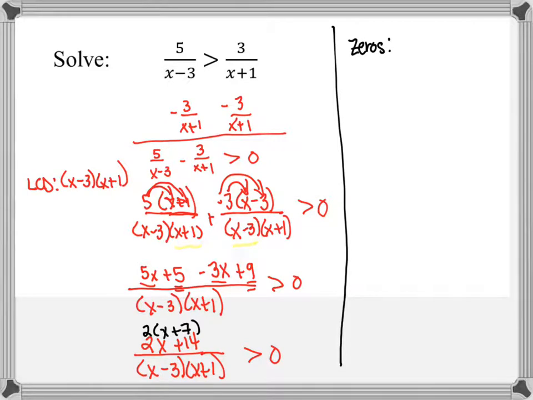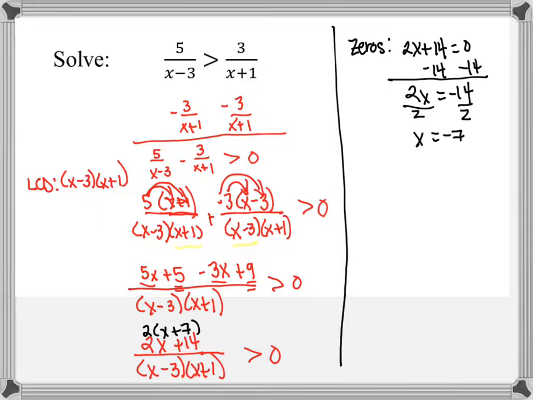I can either set the factored one or the original one. So here I'll just put 2x plus 14, but I could have done 2 times the quantity x plus 7 as well. I'm going to subtract 14 from both sides. 2x equals negative 14. Divide both sides by 2. X equals negative 7. That's my 0.